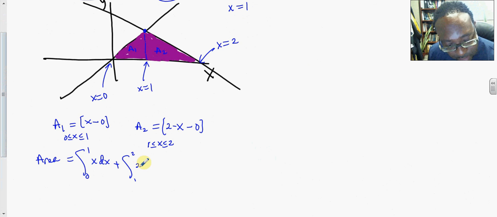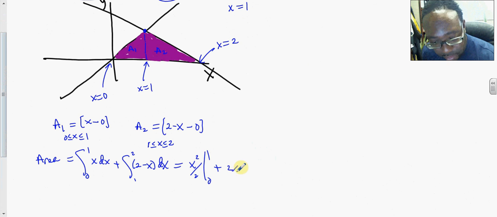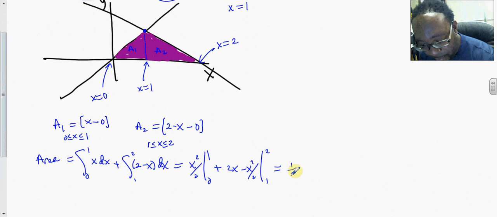This is 2 minus x dx. So integrating here, we have x squared over 2. Evaluate that from 0 to 1. Then plus 2x minus x squared over 2. Evaluate that from 1 to 2. So for the first one, we just get 1/2.